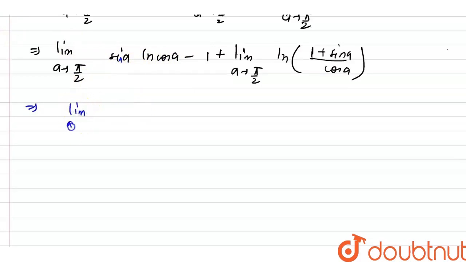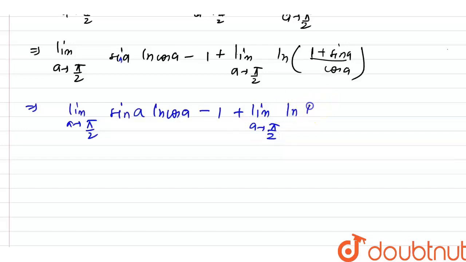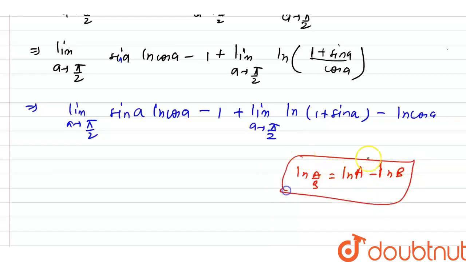I'm writing it as it is: limit a tending to pi by 2 of sin a ln cos a, minus 1, plus limit a tending to pi by 2 of ln(1 + sin a) minus ln cos a, because by the property of log, ln(a/b) can be given by ln a minus ln b. I just used this property here.